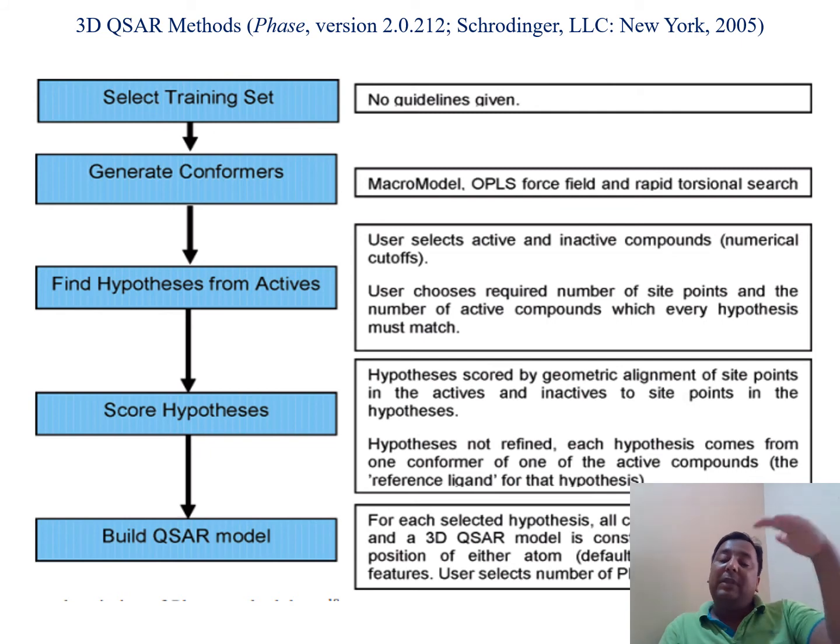Then out of those 10 hypotheses, definitely one will give the highest R square and R square CV value, reaching towards 1. Once we see that, by taking that hypothesis we will build the QSAR model.